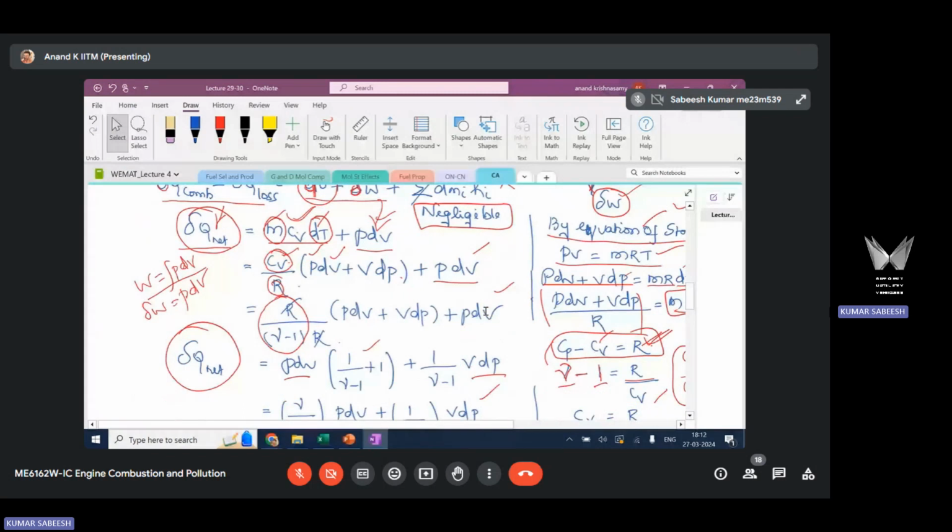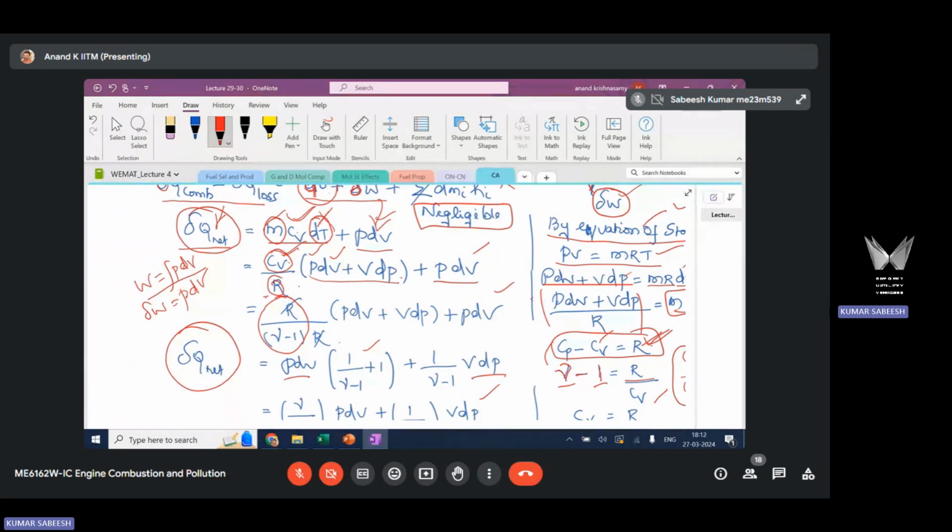From this we have taken the ideal gas equation because we want to get rid of this dT term. Temperature is difficult to measure. Rather, we already have measured information, pressure. So that's what we are doing in the next step. m dT is expressed in terms of PdV by R through the ideal gas equation, and Cv also is expressed in terms of R, so as to cancel out this gas constant term in this equation.